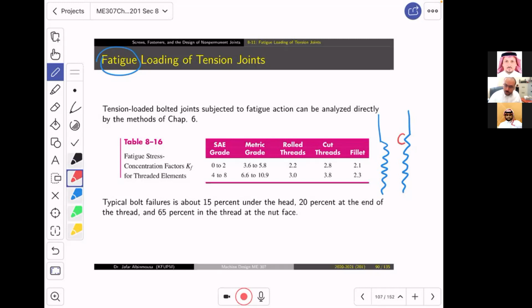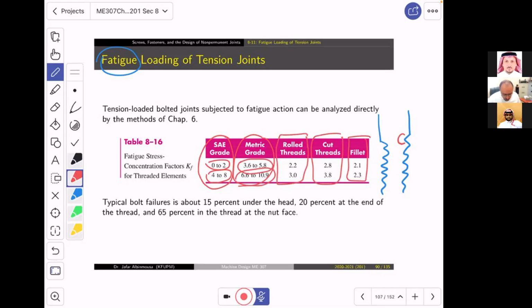In reality, we have an experimental evaluation of those threads, and we have some standard values. So for a grade, for example, for SAE grade 0 to 2 or 4 to 8, or the metric grade 3.6 to 5.8 or 6.6 to 10.9, you have three types of threading method, which are rolled threads, cut threads, and fillet.